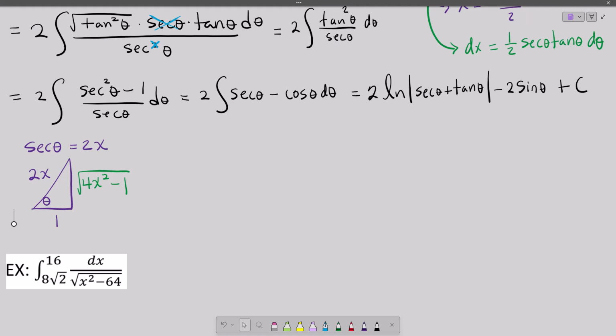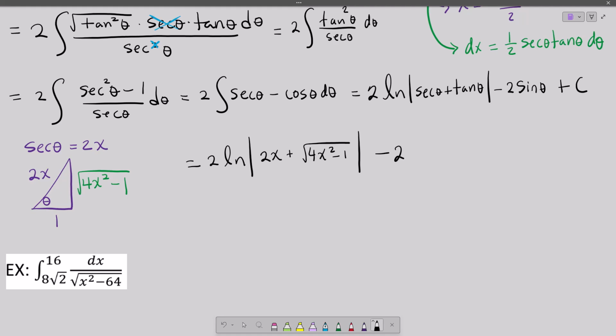Okay, let's see where we're at. So we have equal to natural log of absolute value. Secant of theta is 2x plus tangent of theta. Tangent of theta is opposite over hypotenuse, so we have this going on. Close the log, and then minus 2 times sine of theta.